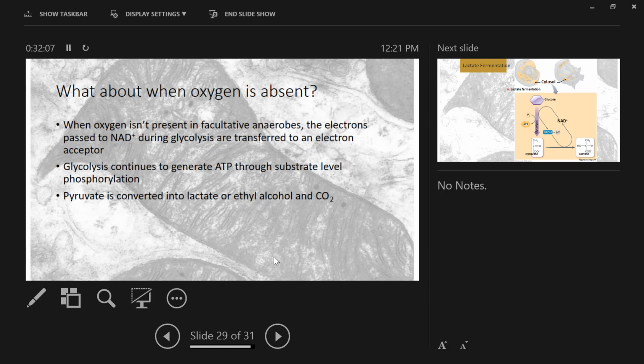So glycolysis continues, and it generates 2 pyruvate for every 1 glucose. And each of those pyruvates can act as an electron acceptor for NADH to give its electrons back. I guess it didn't take them from pyruvate, but it took them from the molecule that generated pyruvate. It gives them back to form either lactate or ethanol.